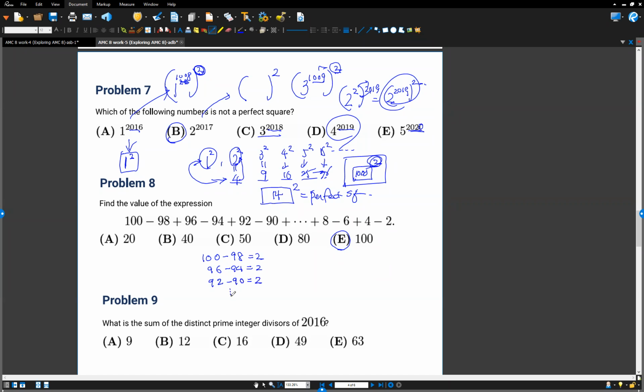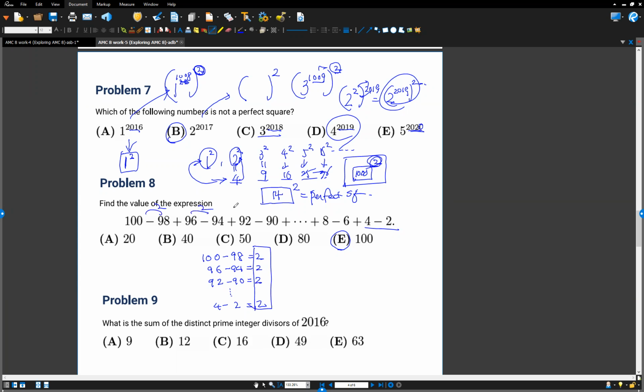Finally, the last pair is 4 minus 2, also 2. We're going to add all these together. Because every time it is 2, simplify.